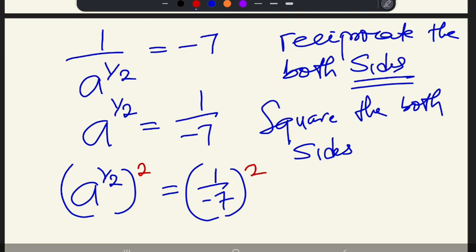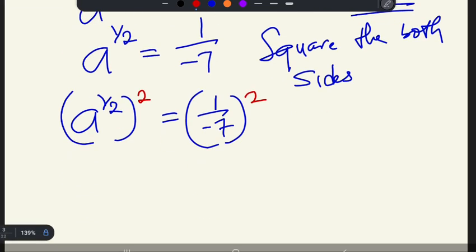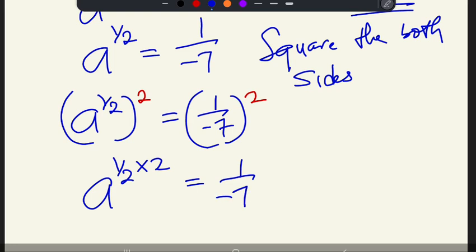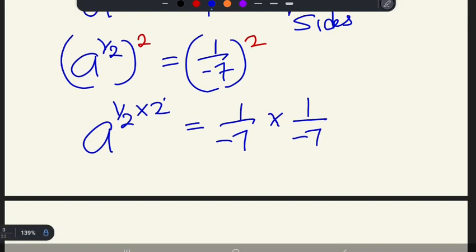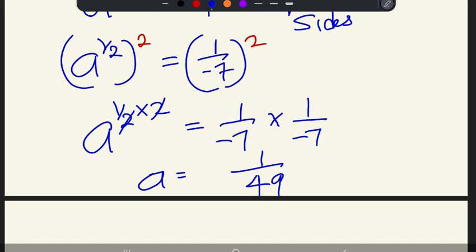So we have a raised to power half times 2 is equal to 1 over minus 7 times 1 over minus 7. The 2 cancels the half, so we have a is equal to 1 over 49. That is just the answer for this.